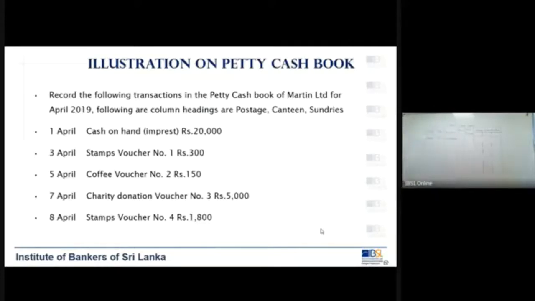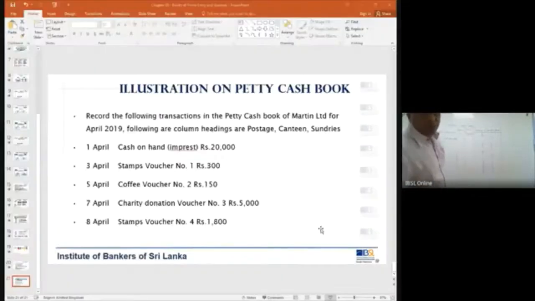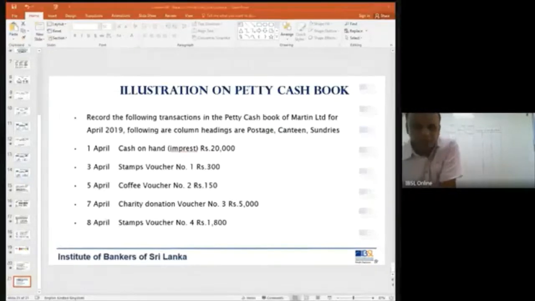That is the amount that you have received. Then on 3rd of April, what is happening? You have a transaction for stamps. Now let me take you to the board so that it will be clear to you all.